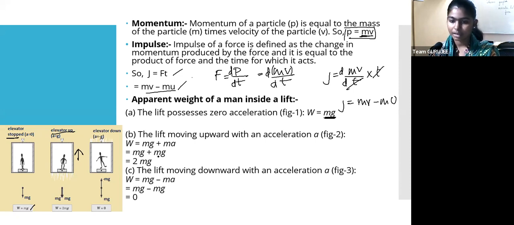Both of them acting in the same way, you'll have 2mg, because your acceleration here also you'll consider as g, since it is moving with respect to your gravitational pull. That is the case when it is moving upward.